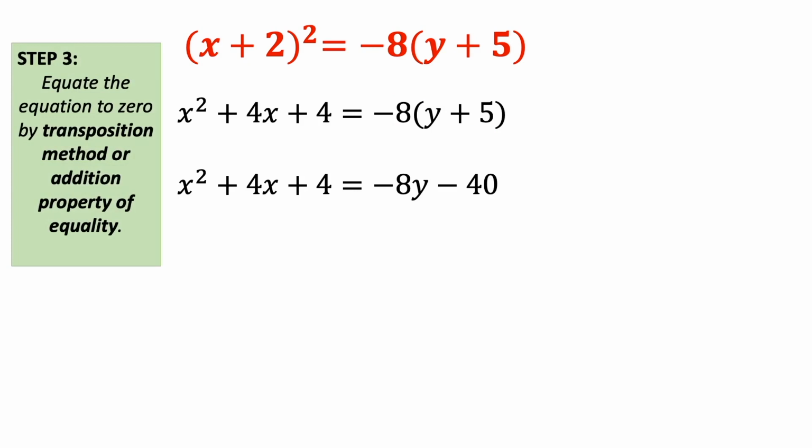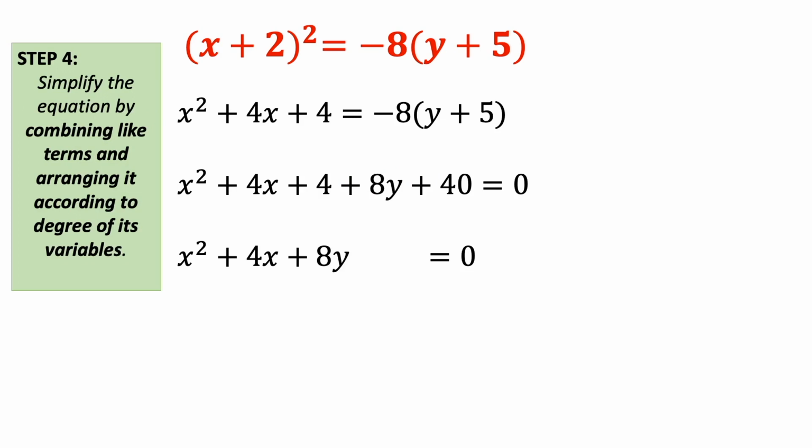In step 3, we will equate our equation to 0 by transposition method, or you can also apply addition property of equality. Transposing negative 8y to the left will result to positive 8y. Transposing negative 40 will become positive 40.